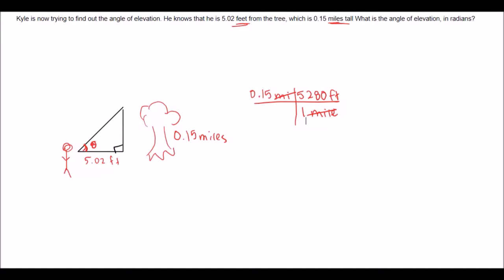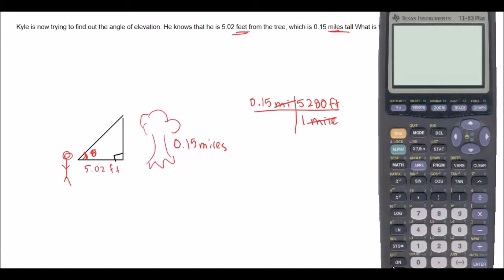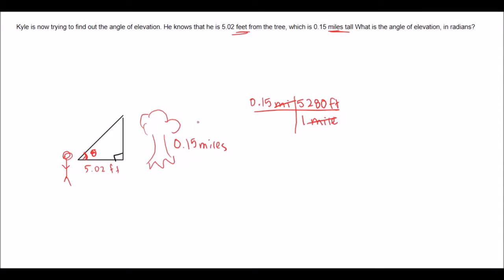So I'm going to get my calculator up. Do 0.15 times 5,280, and we get 792 feet. It's nice that that's an exact number. So over here, we're going to write 792 feet. So we don't really need the miles anymore.